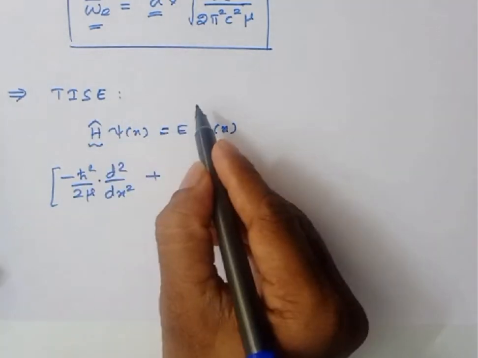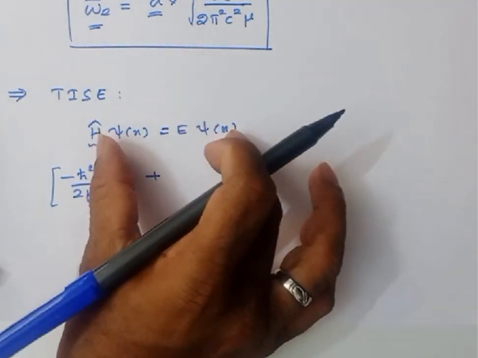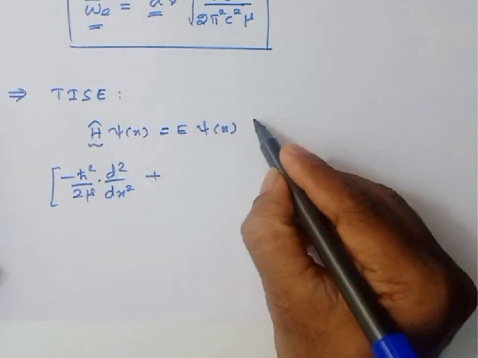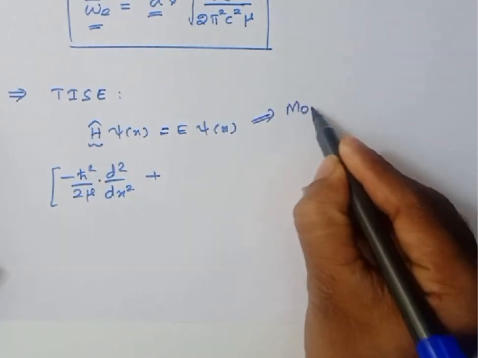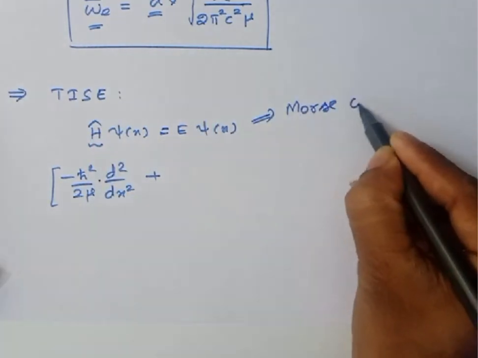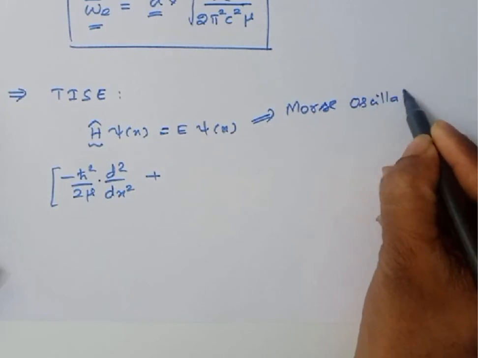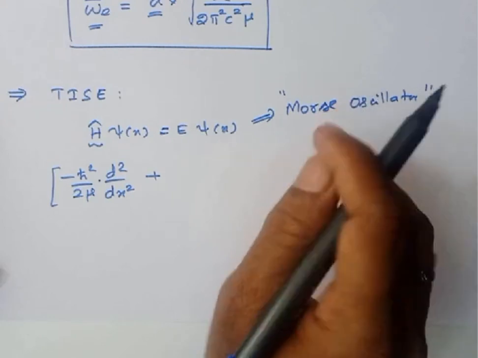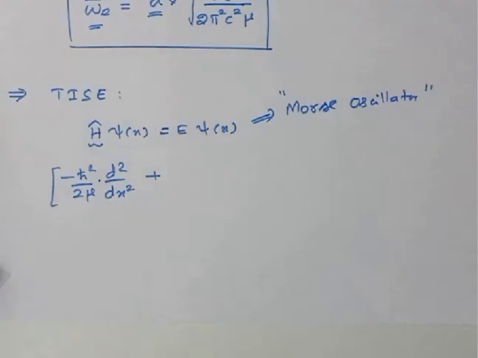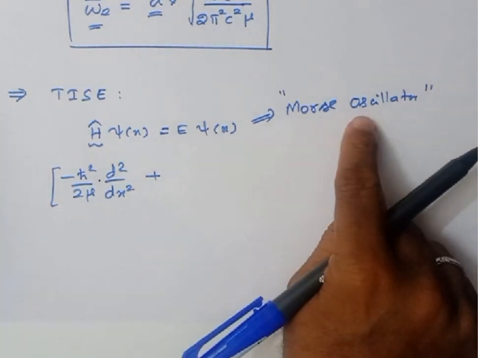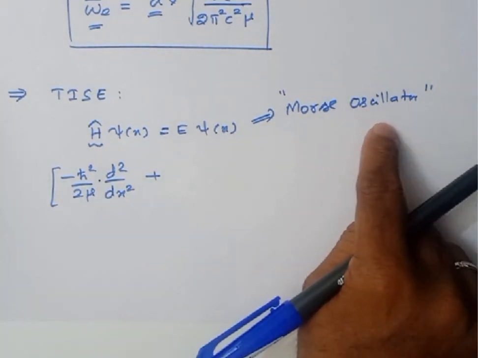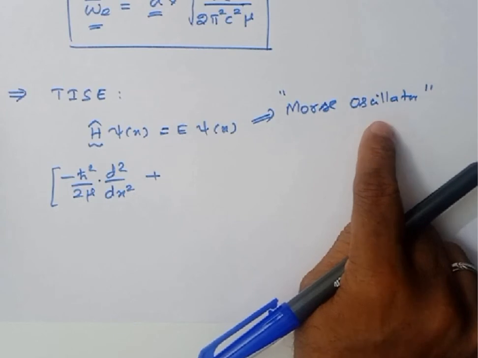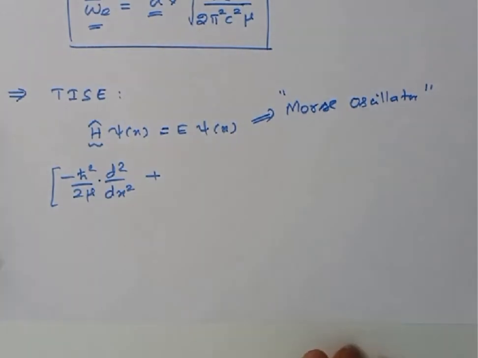So I am going to solve the Schrodinger equation for the Morse oscillator. What is a Morse oscillator? Students, observe carefully: oscillators which obey the Morse potential energy function are called Morse oscillators.